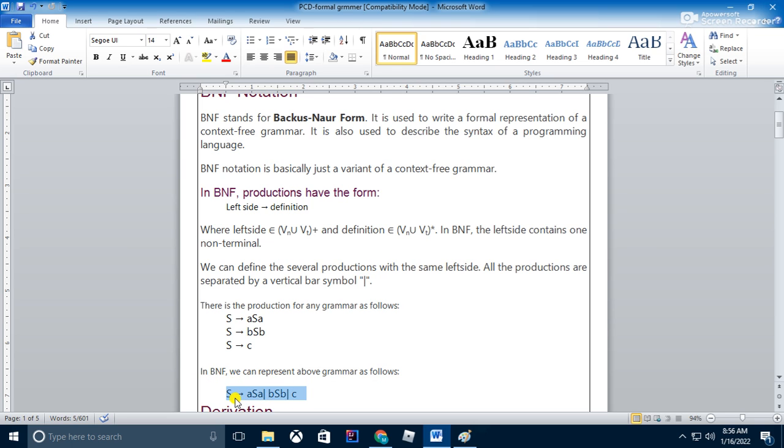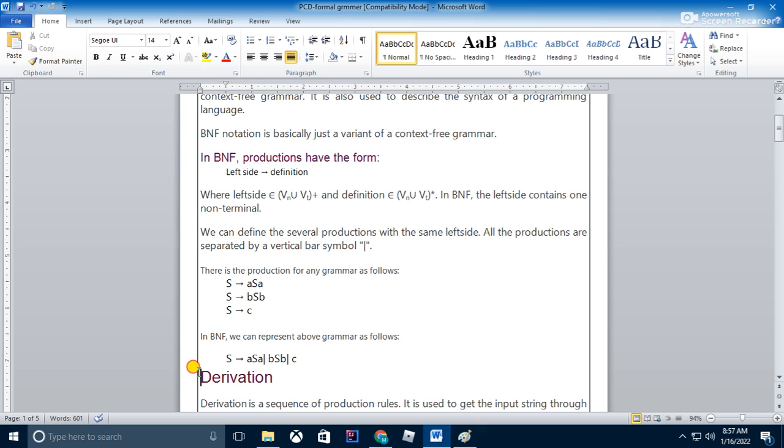The meaning of the vertical symbol is that S can have the form aSa, bSb, or c, where small a, b and c are terminals and capital S is the non-terminal.